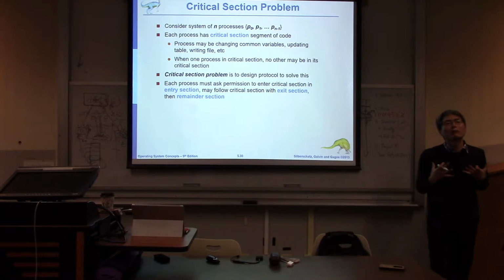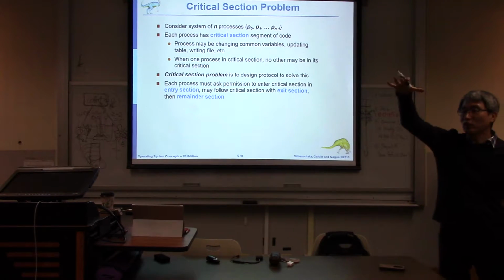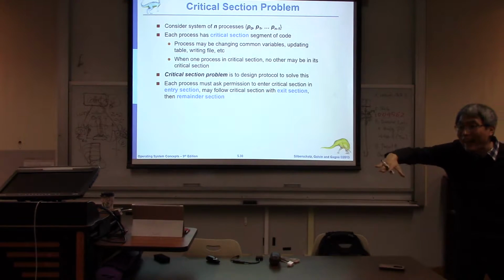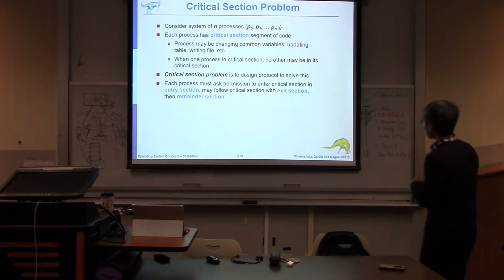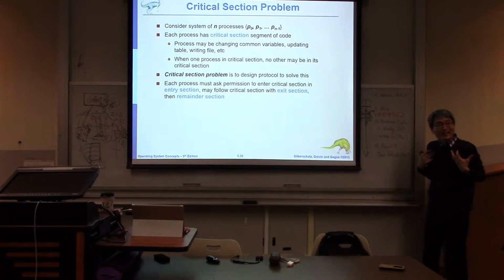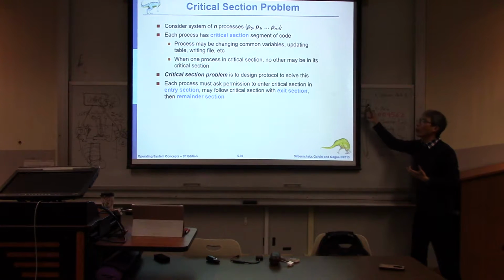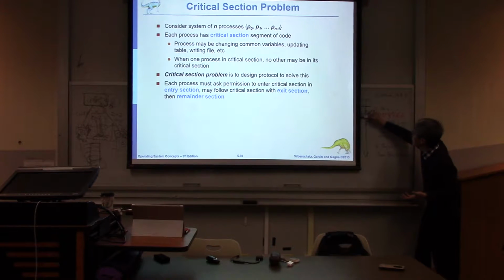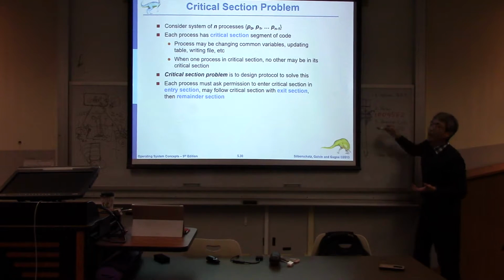So we are going to model the process as entry section, critical section, and exit section. We are not going to change the process. Instead, from the operating system point of view, we consider this portion as entry, this is critical, this is the exit section.